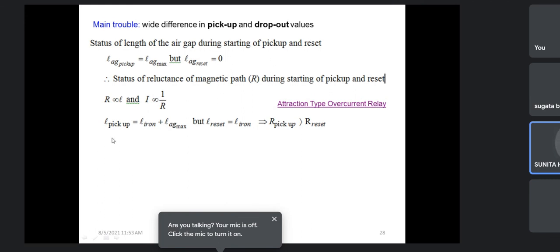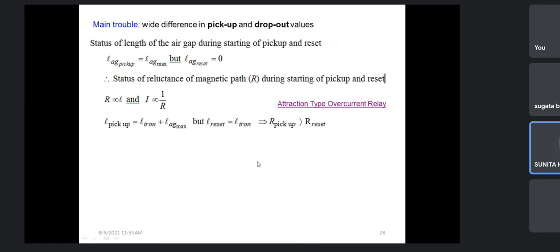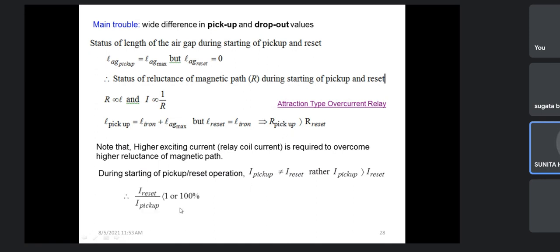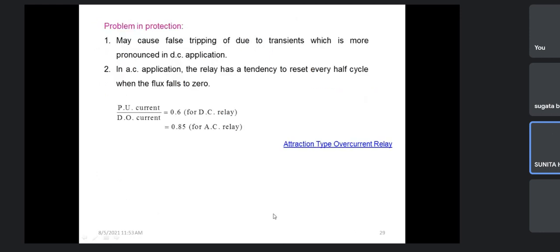Obviously, during pickup, the total length of the path is more due to the air gap, and during reset it is less. So that's why actually pickup current is more than the dropout current. So actually the pickup is not equal to reset or dropout. So generally I reset by I pickup should be 1, but here it is less than 1 or 100%.